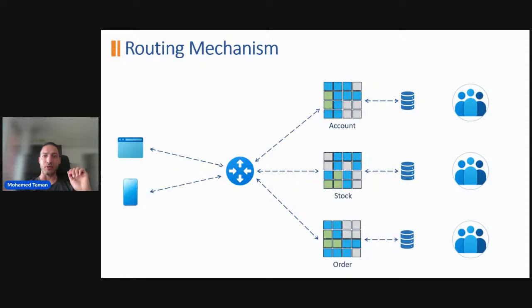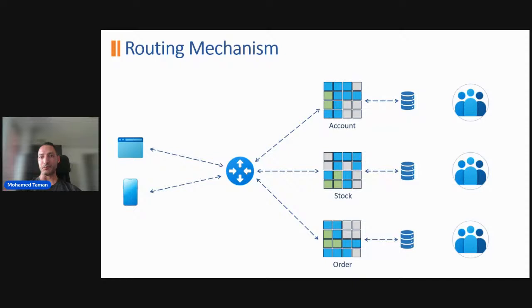Thanks to our routing mechanism, our front-end application will be oblivious to the fact that it is now talking to multiple backends, fooling it into thinking nothing has changed, because we have one single point that receives all the incoming requests and forwards them to the different business domain backends.